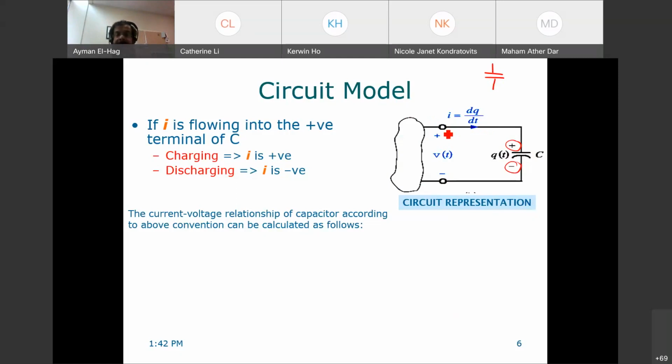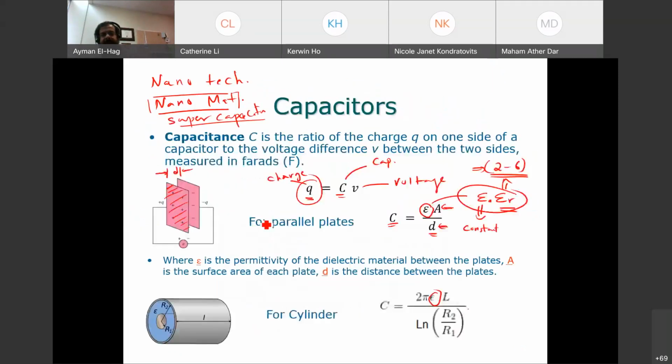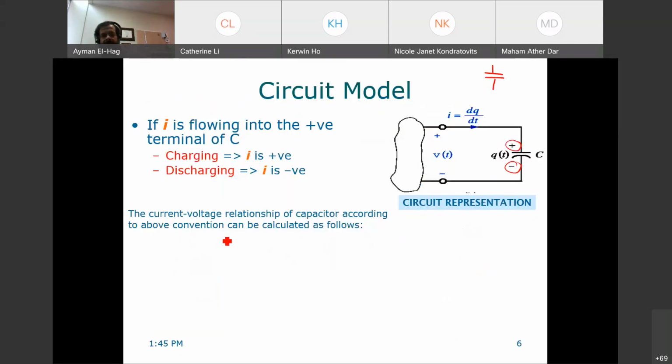Okay, now the basic relation we have so far is Q equal to CV. But as I said, this is not really something we are interested in. So let's move on and take the derivative of both sides of the equation.